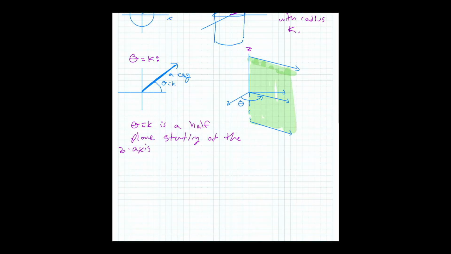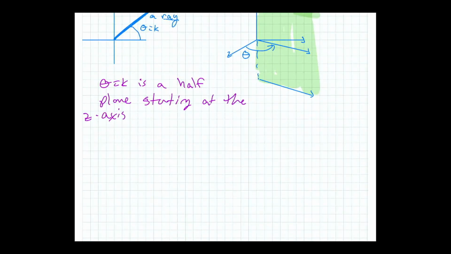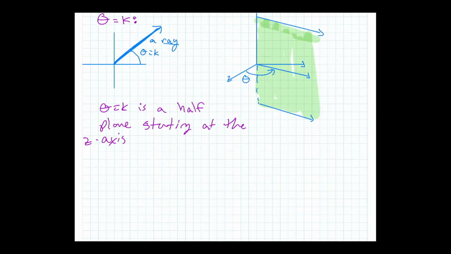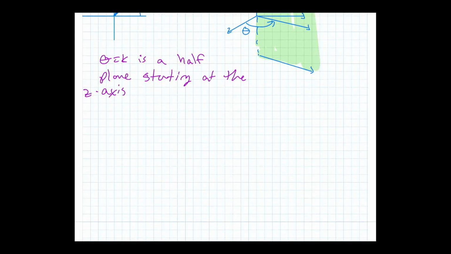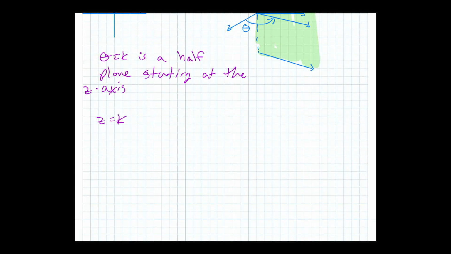Okay, I have a better picture. I have the book's pictures as well, so if my pictures are bad, you can look at the books in a second. All right, last thing, z equals a constant. Well, z is the same as z was before in rectangular coordinates.